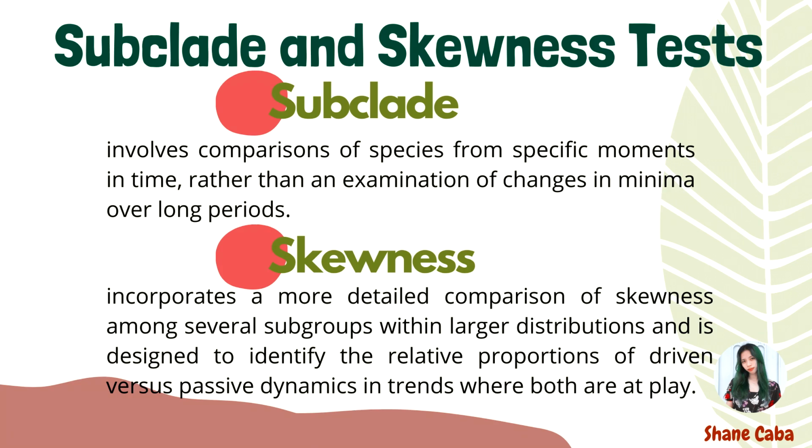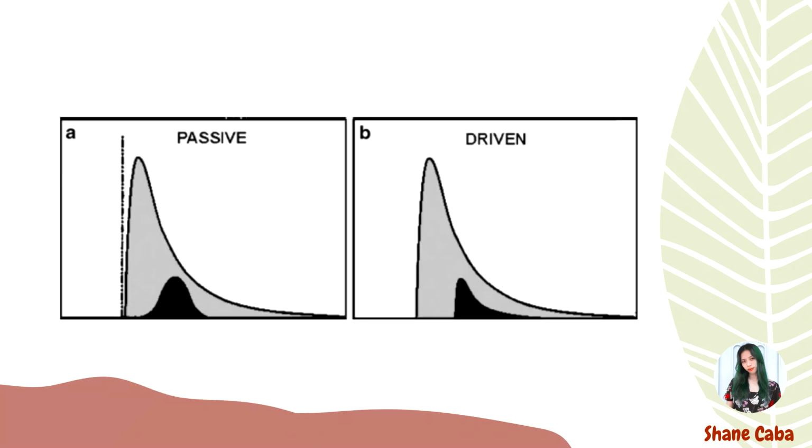A similar method, known as the skewness test, incorporates a more detailed comparison of skewness among several subgroups within larger distributions and is designed to identify the relative proportion of driven versus passive dynamics in trends where both are at play. This is an example of a subclade test.